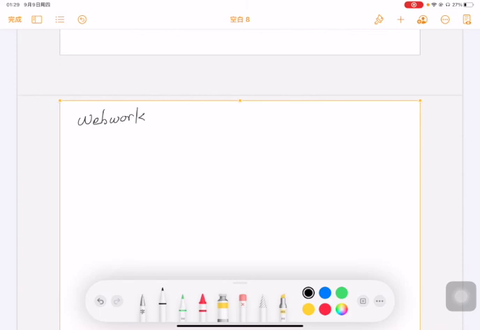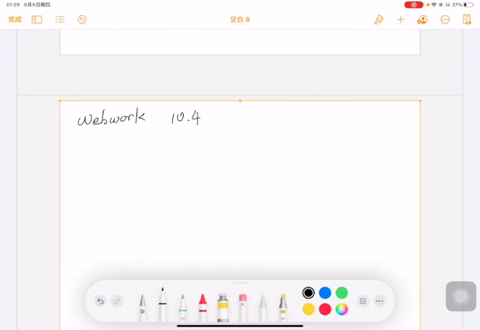I think they were in 10.4. Let me make sure. Yeah, it's in 10.4.